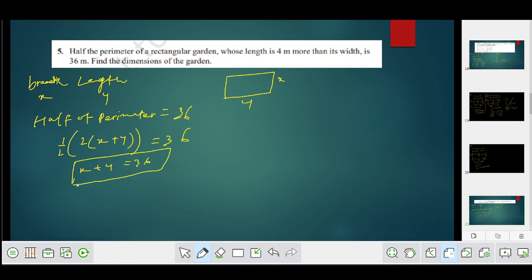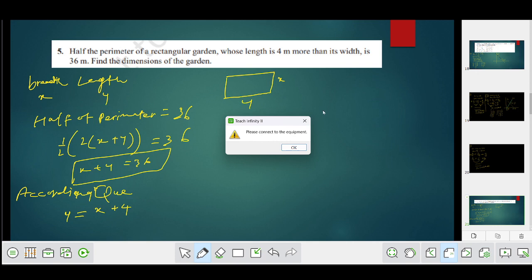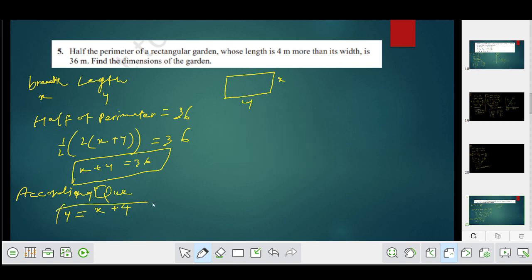This is equation 1, and the other is according to the question. What will be? Length is 4 more than its width y. So x equals y plus 4. Clear? This is equation 2.